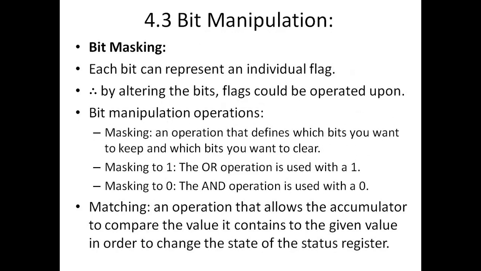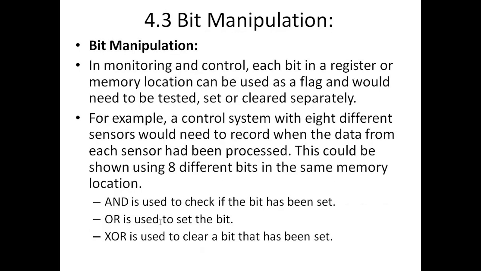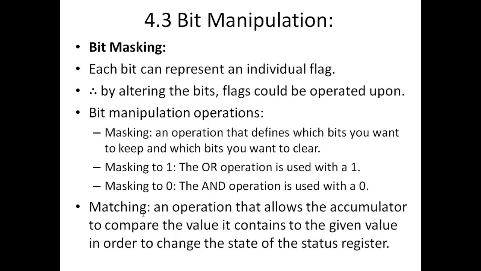Bit masking. Each bit can represent an individual flag. Therefore, by altering the bits, flags can be operated upon individually. Bit manipulation operations. We have masking, an operation that defines which bit you want to keep and which bit you want to clear. Masking to 1 means using an OR operation so that you set a bit.